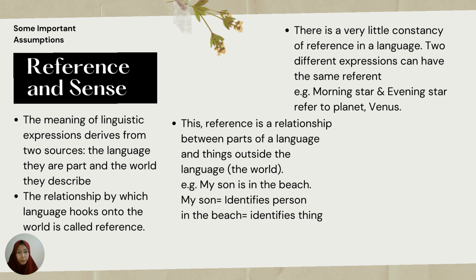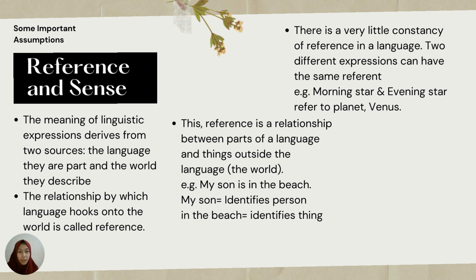Words allow people to identify parts of the world and make statements about them. The relationship by which language hooks onto the world is called reference. This reference is a relationship between part of a language and things outside the language, the world.